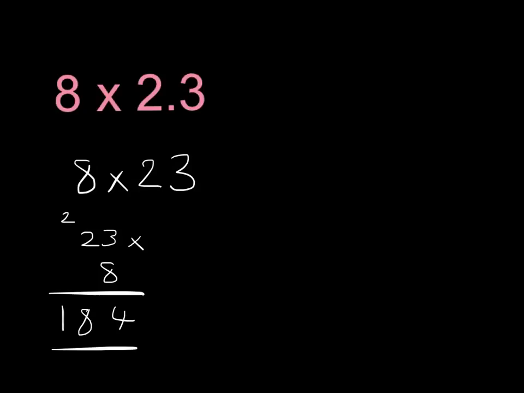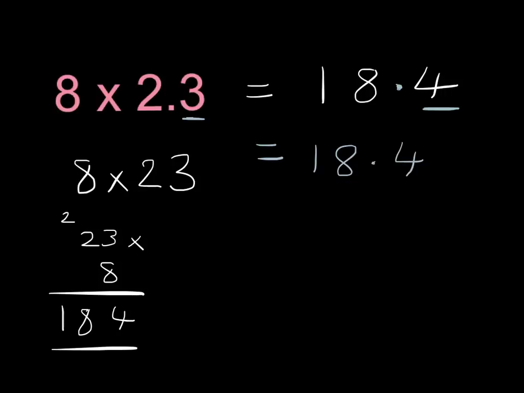So 8 times 2.3 is not 184, but my question has 1 decimal place, so my answer will have 1 decimal place. So the actual answer is 18.4. Easy.